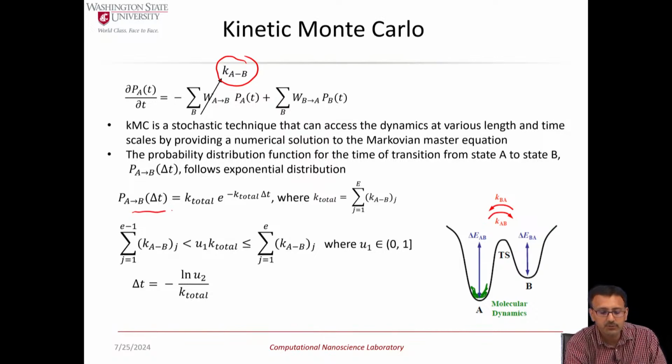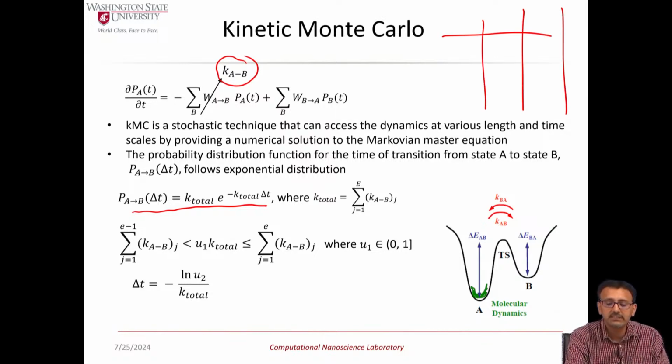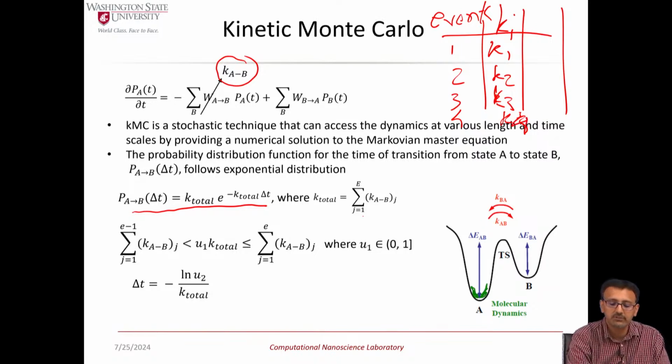And then if you do that, you can relate it to the total transition rate. So, you have to come up with a series of events 1, 2, 3, 4, and then you have to measure or model or estimate the transition rates for each of those events and come up with a cumulative function for the transition rate.